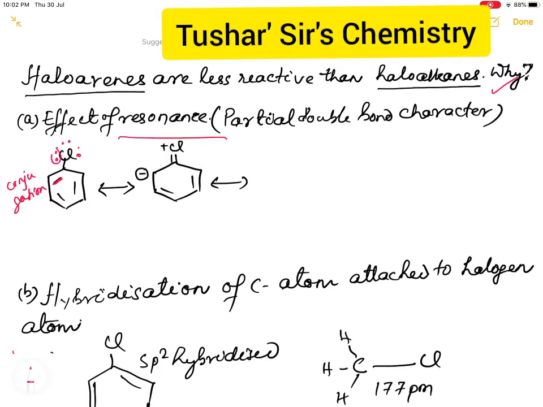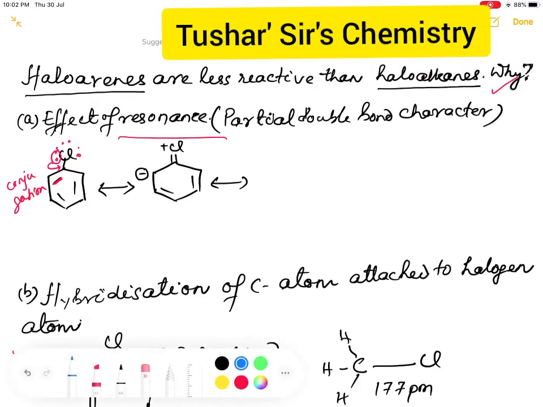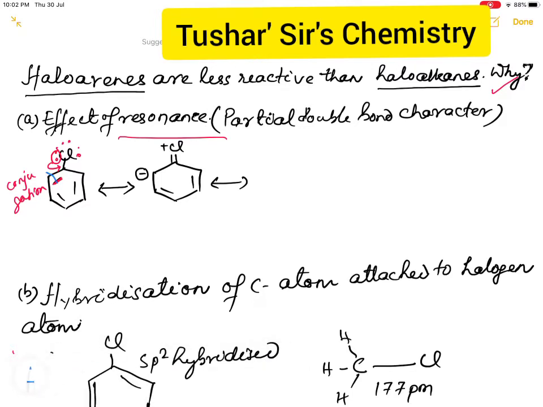This lone pair will form a double bond over here, and the existing double bond will be shifted to the next carbon. Then you will find a double bond over here, and this pi bond is shifted over here. So you will get a negative charge on this carbon.